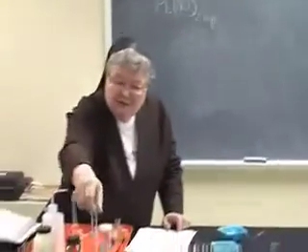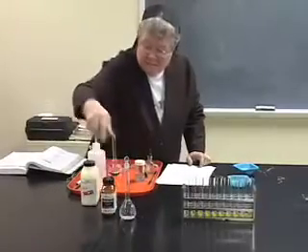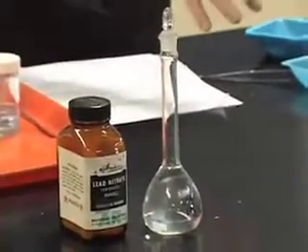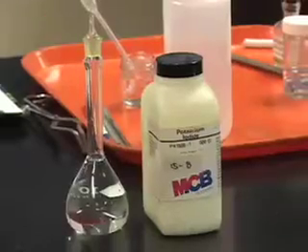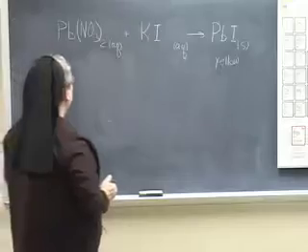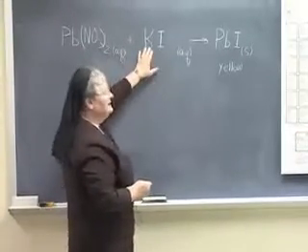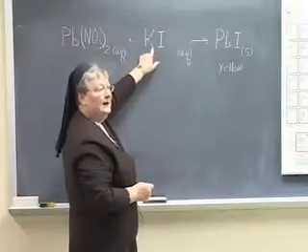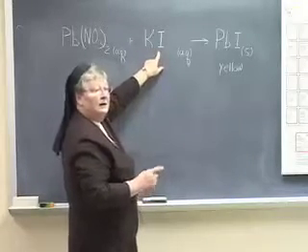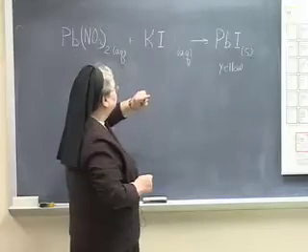You made a solution of 1 molar of the lead nitrate, and I made a solution of the potassium iodide, right there. Equal concentration solutions. So we have the lead nitrate plus the potassium iodide. Potassium is a type 1 metal with a +1. Iodide is the -1 ion, so it's aqueous.